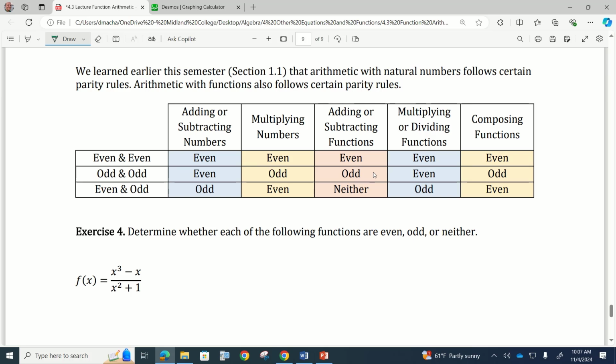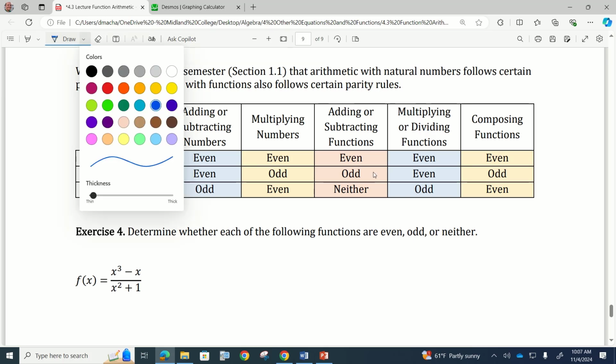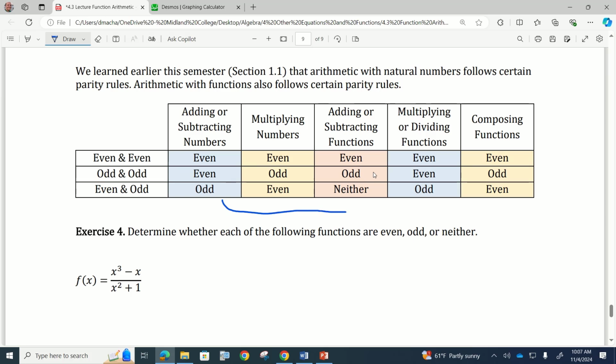What I want you to notice is that I matched the colors here intentionally, because adding or subtracting numbers follows the same rules as multiplying or dividing functions. An odd function divided by an odd function is going to give you an even function, it turns out.